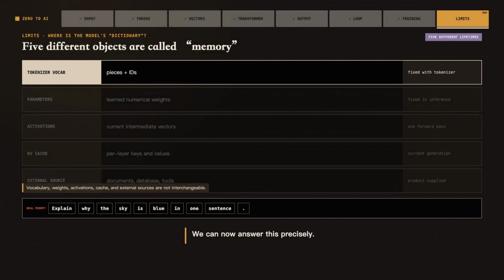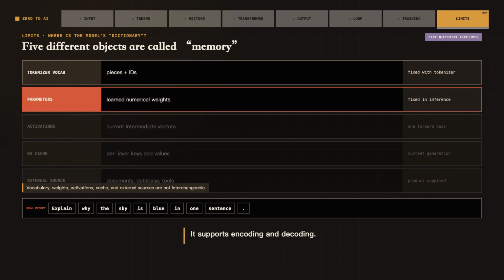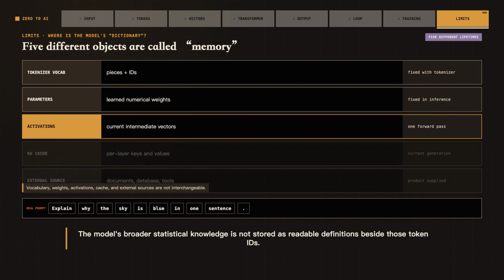We can now answer this precisely. The tokenizer vocabulary is a real, finite dictionary, from token pieces to IDs. It supports encoding and decoding. The embedding matrix gives each token ID a learned starting vector. The model's broader statistical knowledge is not stored as readable definitions beside those token IDs.